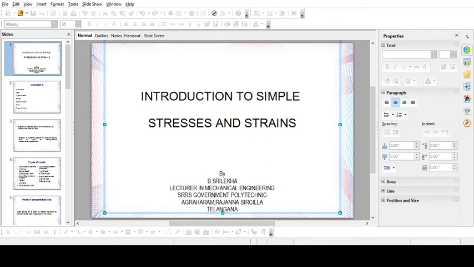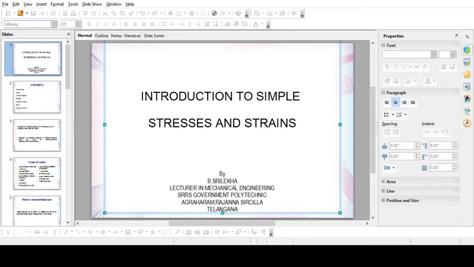A point or concentrated load is nothing but a load acting at a point. It is called a concentrated load or a point load, and it is measured in newtons. Next, distributed load.